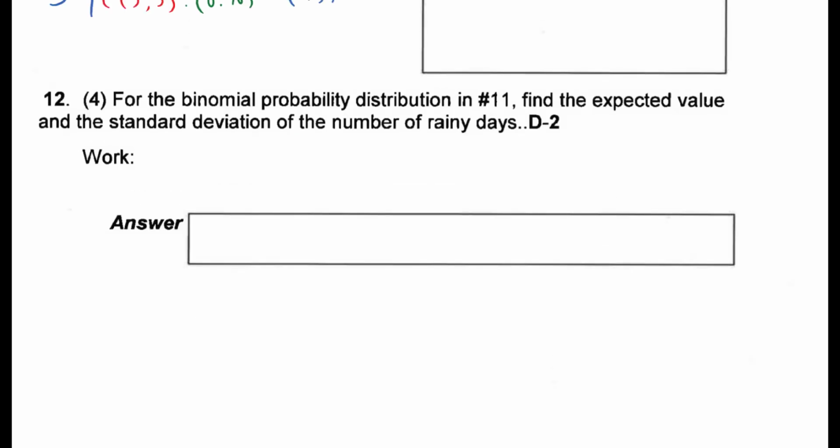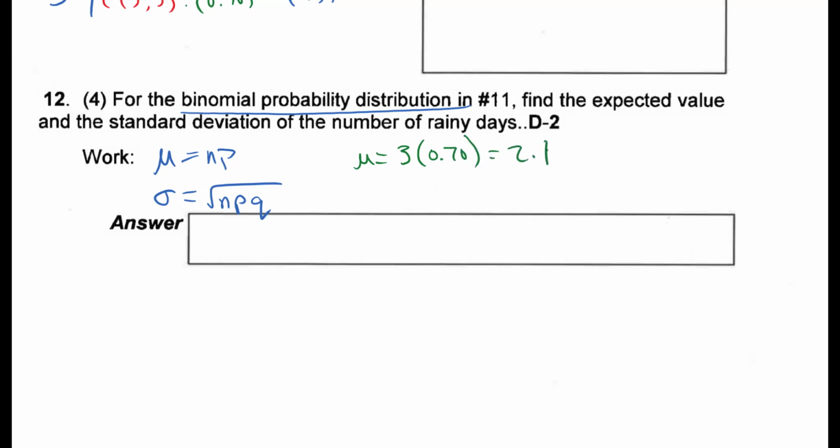Find the expected value and the standard deviation on the number of rainy days. This is actually the shortcut right here. Mu is NP, and the standard deviation is the square root of NPQ, which means I can just fill these values in. Mu is going to be, N is that 3 days, and the probability is 70%. So we're going to get 2.1 out of that.